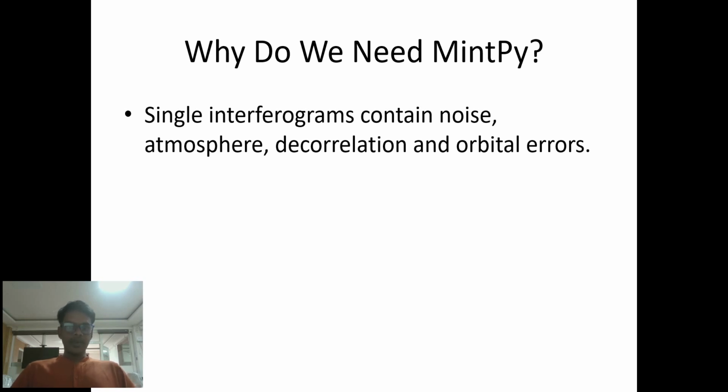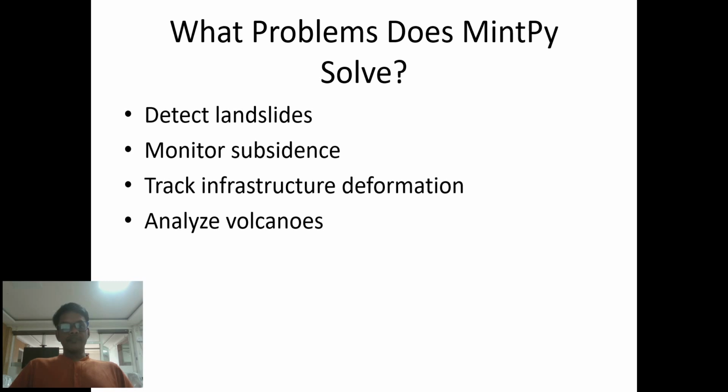Now, why do we need MintPy? That is because a single interferogram contains noise, atmosphere, decorrelation errors and also orbital errors. To remove those and to get precise values, we are using MintPy. Now, what problems does MintPy solve? Before this, I just wanted to tell you one thing.